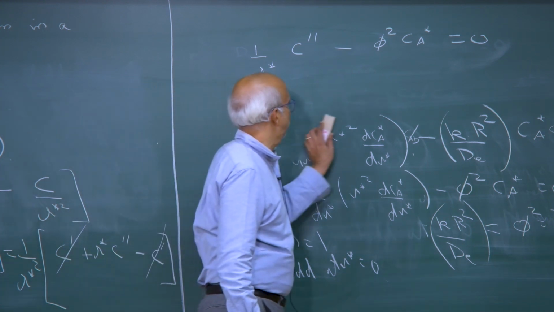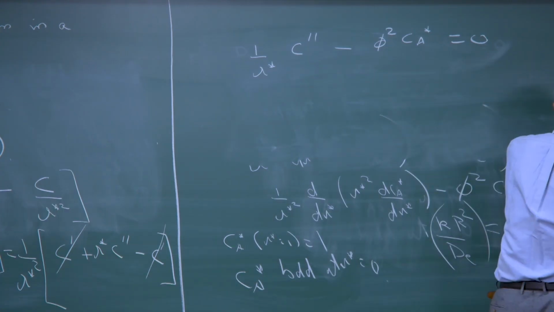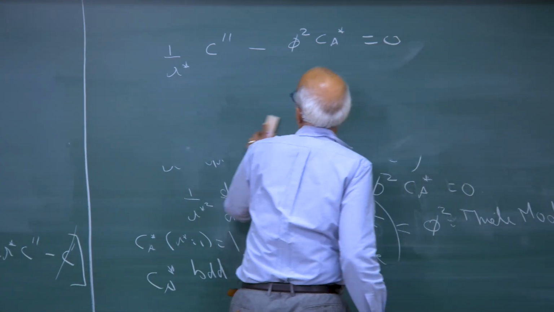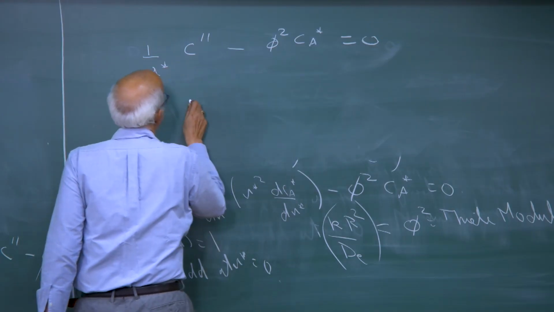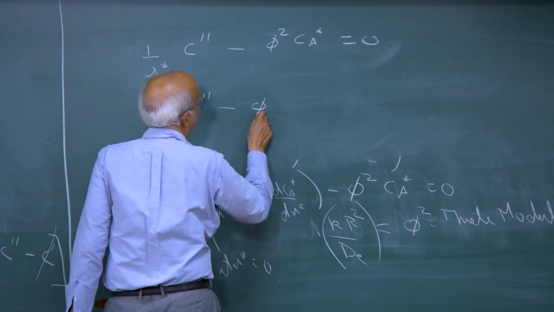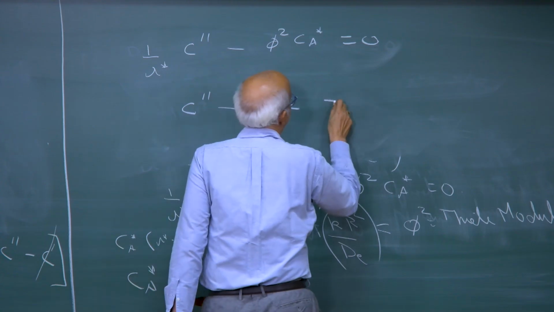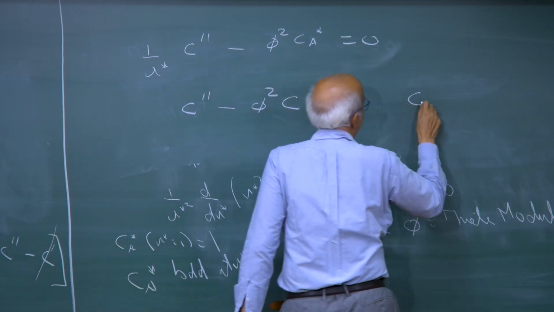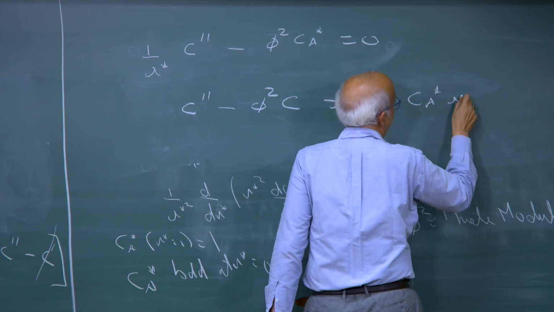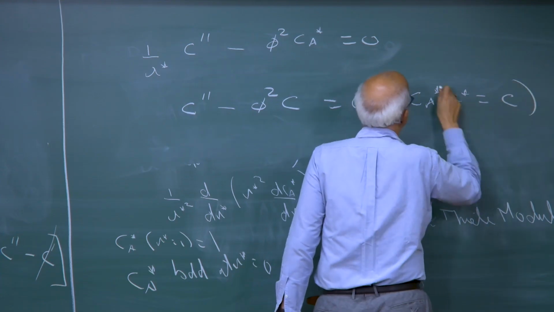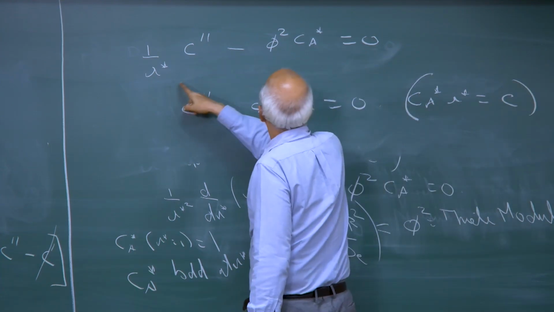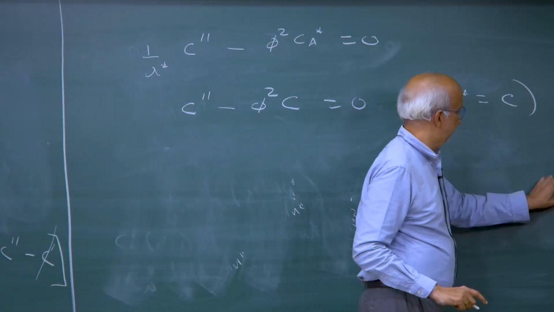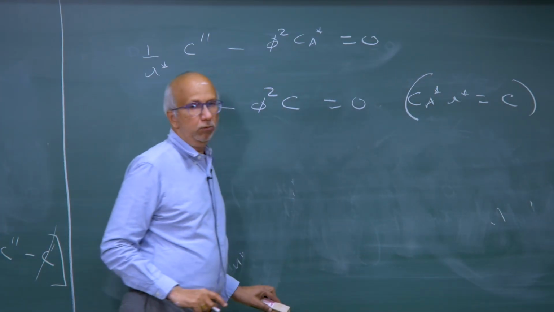I only substituted the second derivative term, and I can take this R star here, I get C double dash minus phi squared C equal to 0, because CA star multiplied by R star equals C. So, I take this R star here, I get that. So, what has happened now?